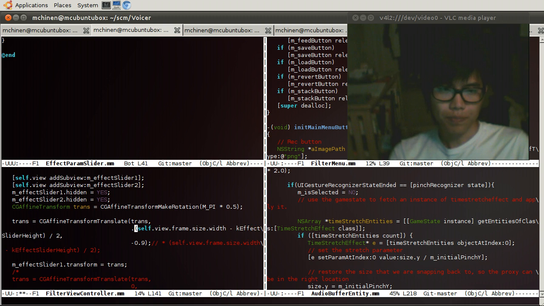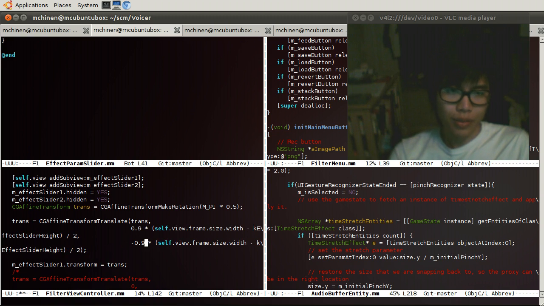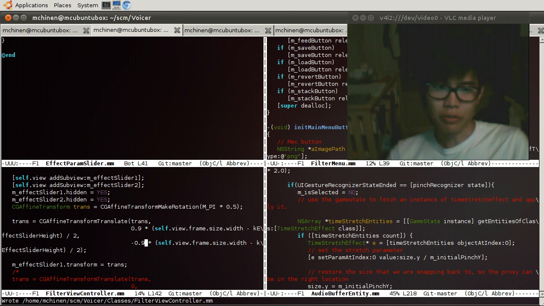Well, you can always do stuff like this, and eventually you'll get to the magic number where something is visible and you can see what the change is. Alright, that didn't work. Let's try 0.1.